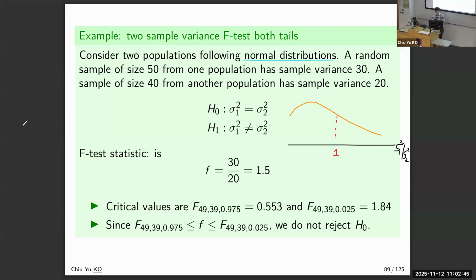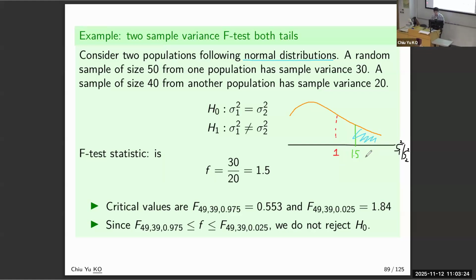If you take the data, which is 1.5 here, the question is: is 1.5 far enough away from 1 that we reject H0? Because we know the shape is something like that, our question is to look at this area, times 2, and ask whether it is small enough.